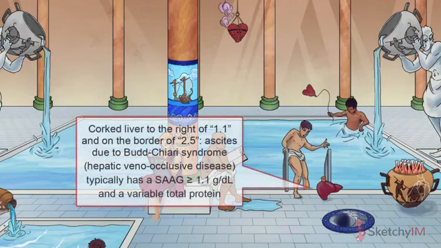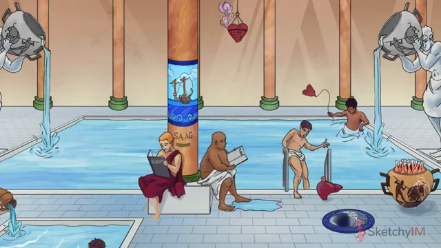In the acute version of this syndrome, this causes portal hypertension and ascites with a SAG greater than 1.1. We've made Bud here kinda in and out of the bath because total protein can be variable. This is because the liver function and total serum protein is variable in Budd-Chiari syndrome depending on if it's presenting more acutely or chronically.